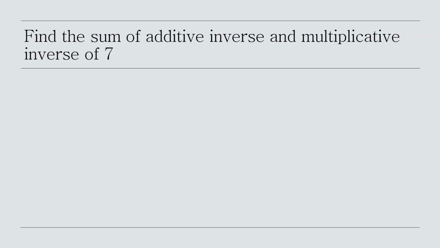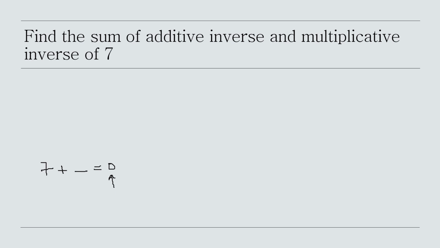Now, the next question is, find the sum of the additive inverse and multiplicative inverse of 7. Okay, firstly, I need to find the additive inverse of 7. Do you know what the additive inverse is? We just studied additive identity. When I have a number, I need to add something to it to get 0. 0 is the additive identity of every number in addition.